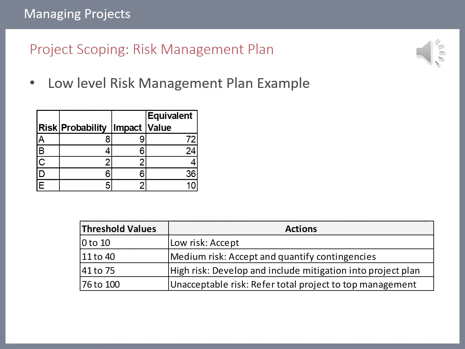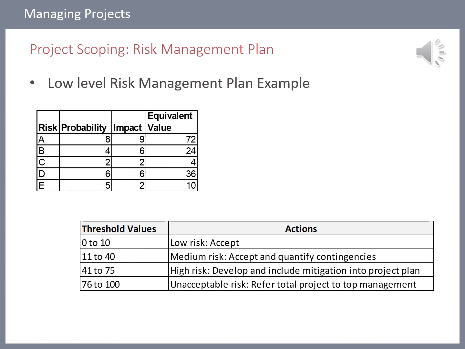So let's look at an example, just a very simple quantitative example, a very low level risk assessment tool or process. Over there you can see we've identified 5 risks, A to E. We've added probabilities to them. In this case we're using a scale from 1 to 10, where 10 is a very high probability that it might happen, and 0 or 1 is a very low probability that the risk might occur.